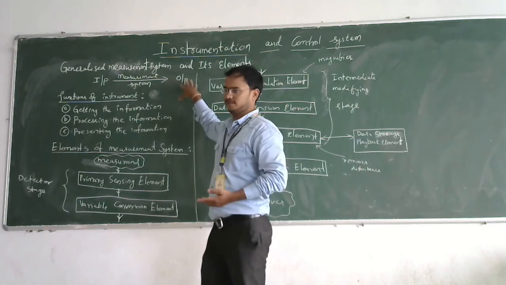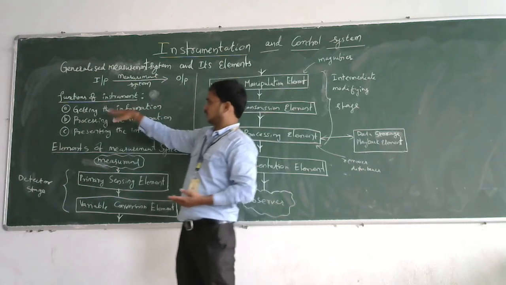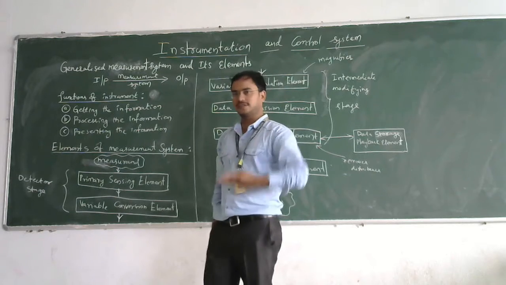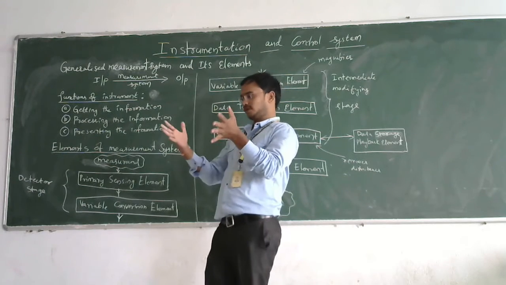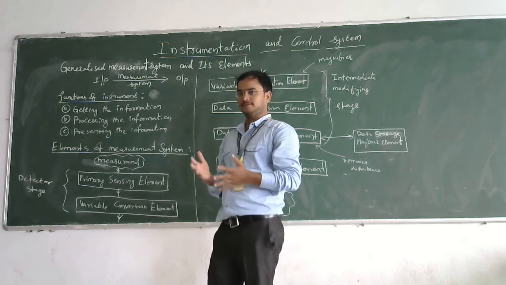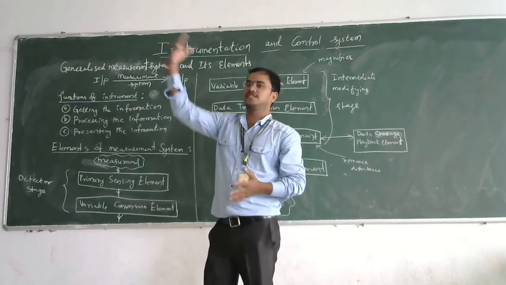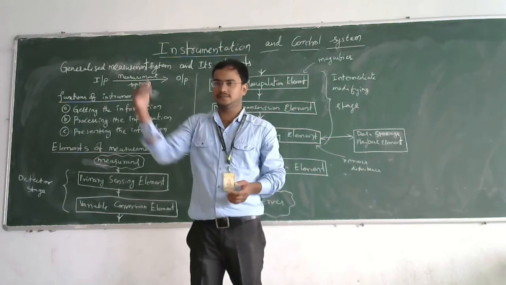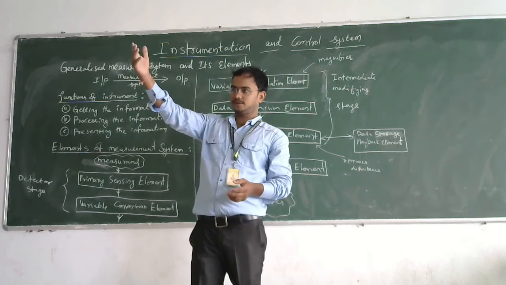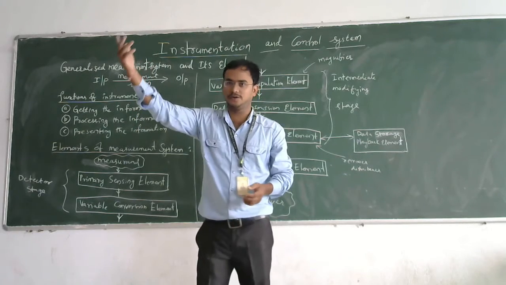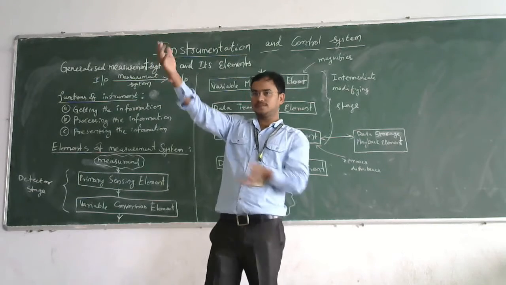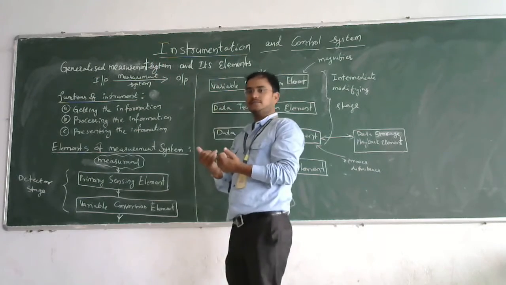So generally, that is the system. Now, what are the functions of an instrument? There are majorly three functions. First, the instrument has to get information from the measurand, whose physical quantity is to be known, and that information must be gathered by the instrument.